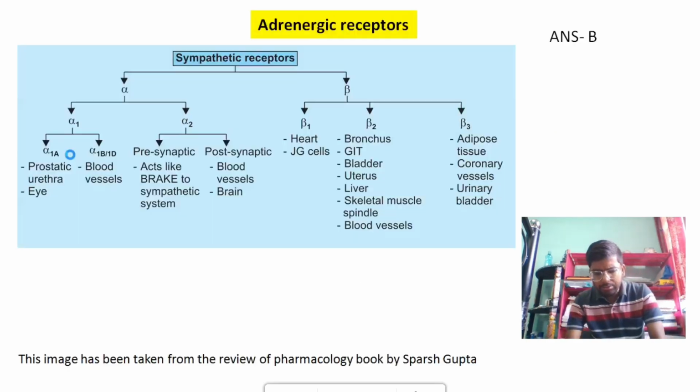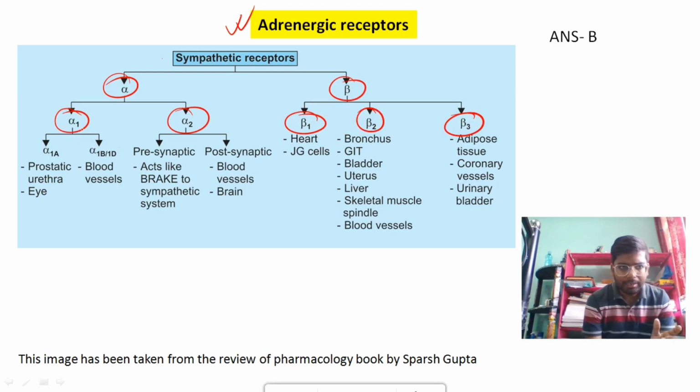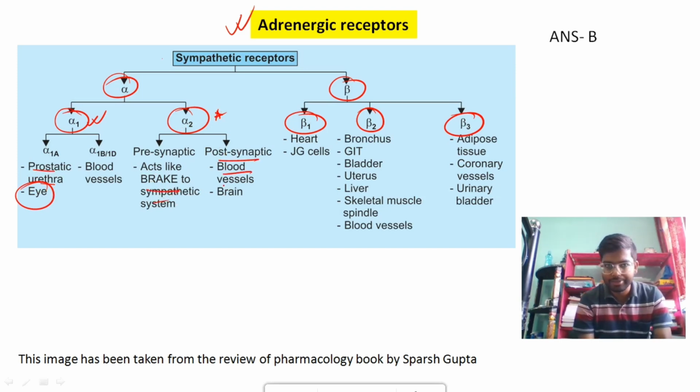Coming to the adrenoreceptors in detail. Adrenergic receptors are of two types, as all of you know: alpha and beta. Alpha can be subdivided into alpha 1 and alpha 2, whereas beta can be subdivided into beta 1, beta 2 and beta 3. Alpha 1 is present in the prostate, urethra and eye, whereas alpha 2 acts as an autoreceptor, and it is also present in postsynaptic blood vessels.